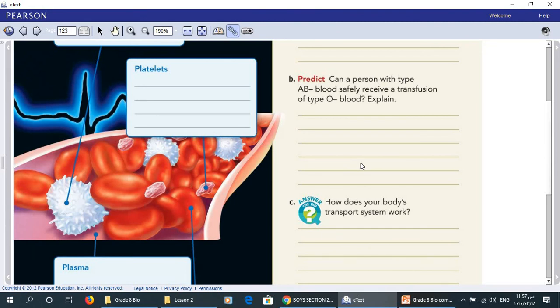Why? Because O negative blood has no markers that would cause clumping in AB negative blood. I will repeat the answer. Yes, because O negative has no marker that would cause clumping in AB negative.